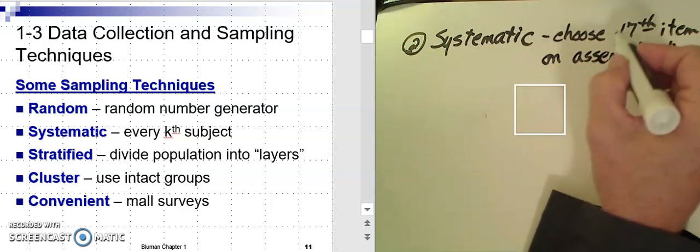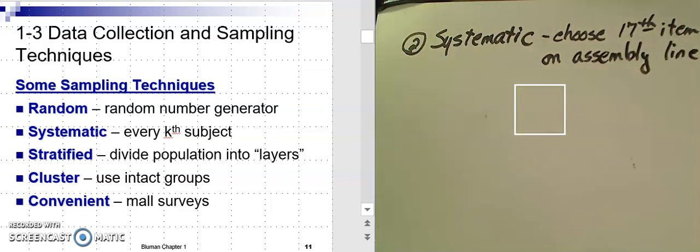So that kth value, 17th, is already predetermined as part of quality control. And then they pull that item off and test it to see if it meets standards and that kind of thing. That's how they choose the samples that they're going to be testing.